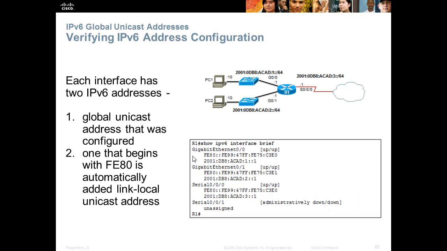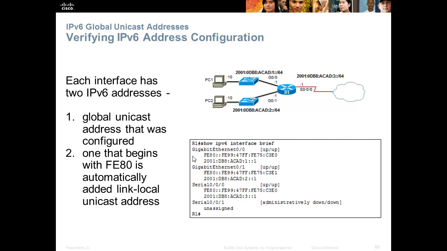To verify your IPv6 addresses on a Cisco device, you use the show ipv6 interface brief. That's one way. You could use the show ipv6 interface. You could use the show run to view what you have in your running configuration. What you're going to see, typically 2 addresses.